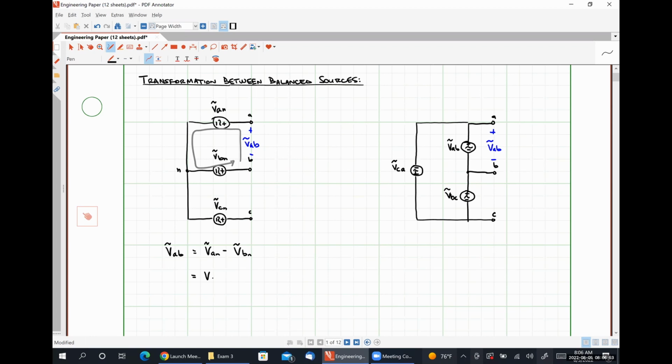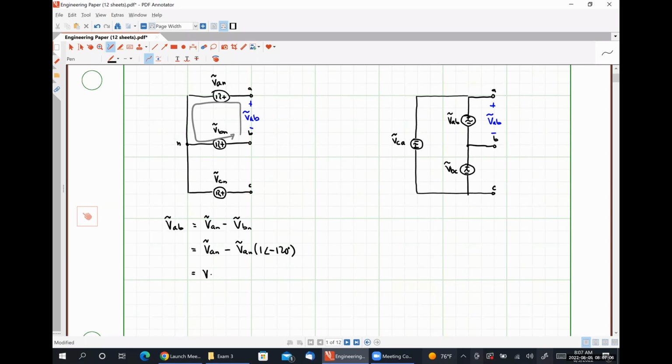So we could express this as VAN minus VAN times 1 angle negative 120 degrees, or VAN times 1 angle 0 degrees minus 1 angle negative 120 degrees, which is simply VAN times the square root of 3 angle positive 30 degrees.